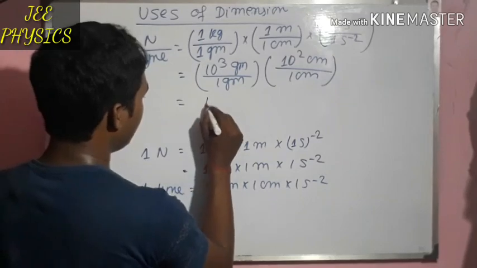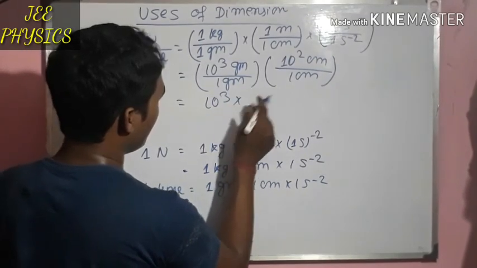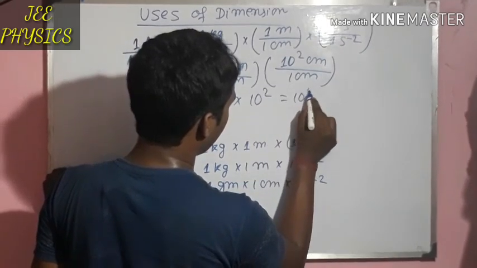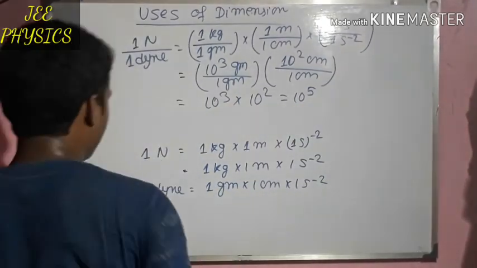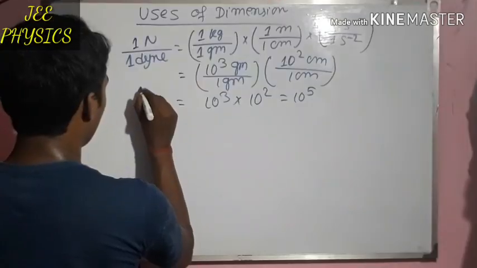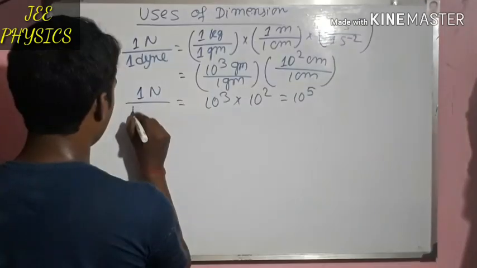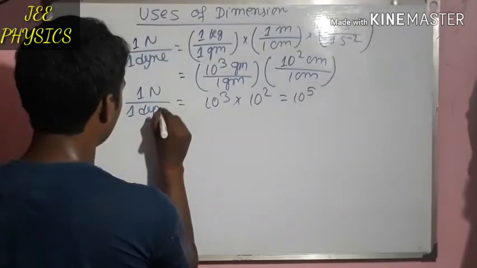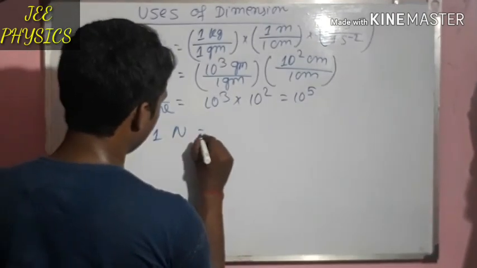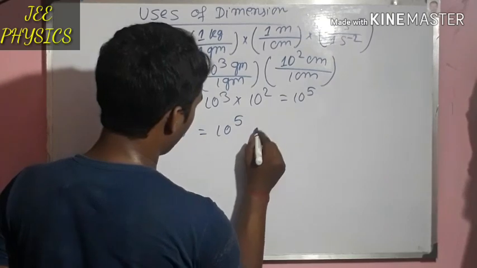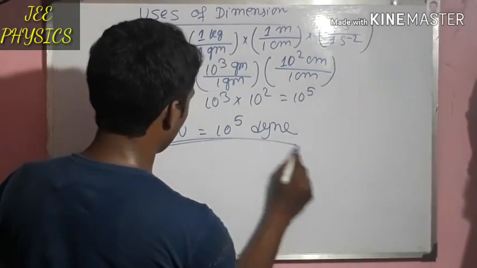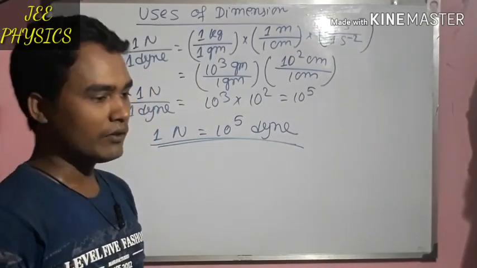So gram cancels, 10 to the power 3, centimeter cancels, 10 to the power 2, we get 10 to the power 5. Thus 1 Newton by 1 dyne is equal to 10 to the power 5. That means 1 Newton is equal to 10 to the power 5 times 1 dyne. So we get 1 Newton is equal to 10 to the power 5 dyne.